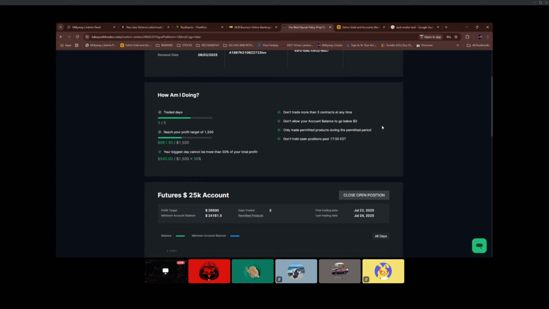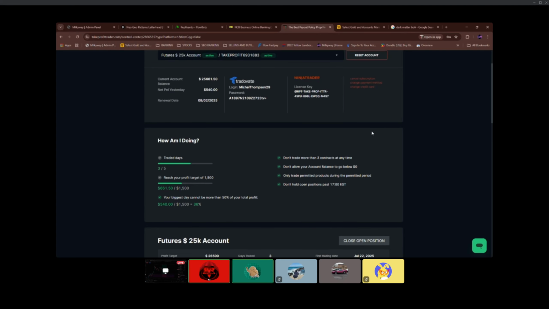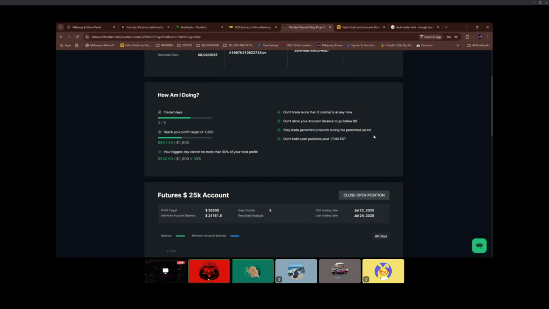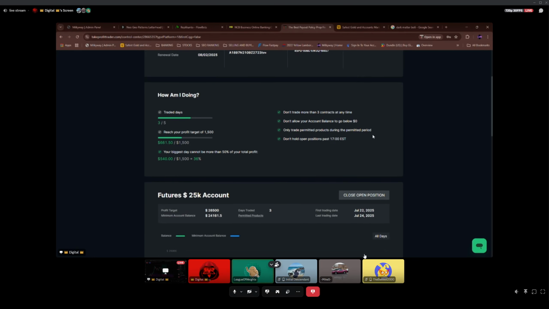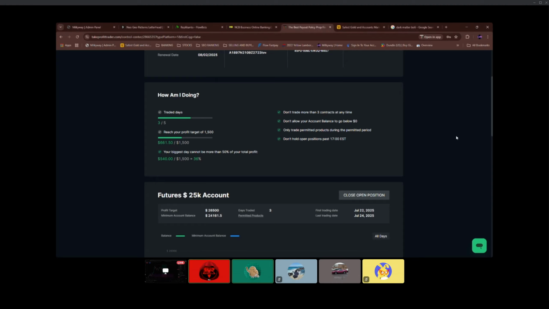I've accidentally tried it one day because I have a 75K account attached to my other 150Ks. So I have 4 150K accounts and one 75K account. I got the 75K account for free, so I was just like, let's do it. It wasn't on Ninja Trader, but it was on TradingView.